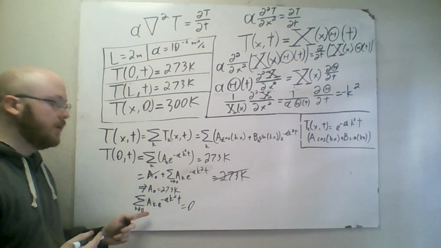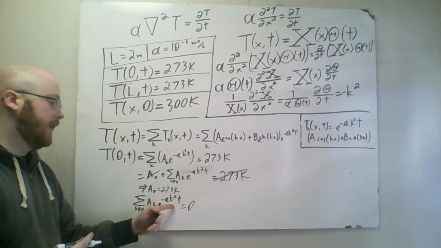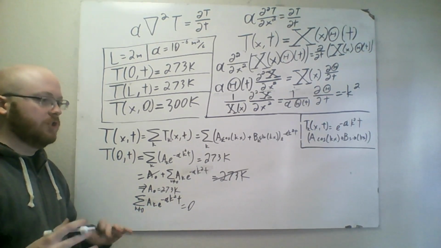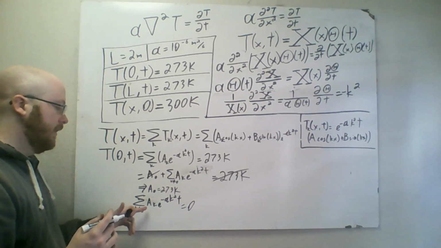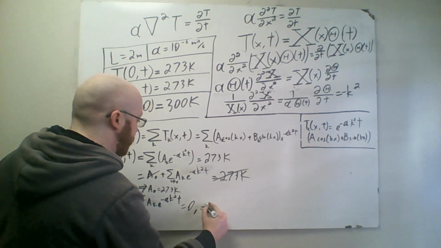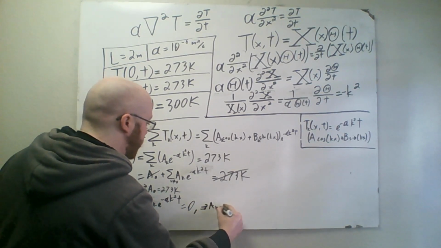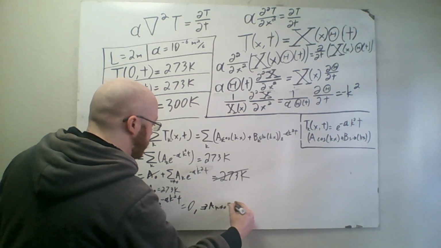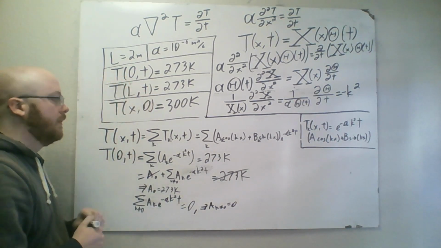And there's simply no way to do it for every arbitrary time, because all the exponentials will end up working with that, unless all the A_k are 0. So that implies that A_k for k not equal to 0 is equal to 0, right?